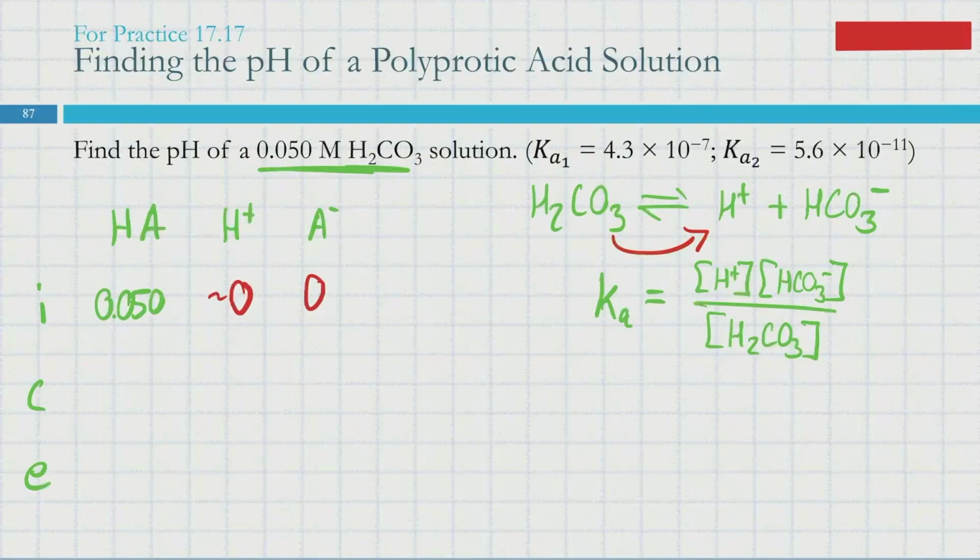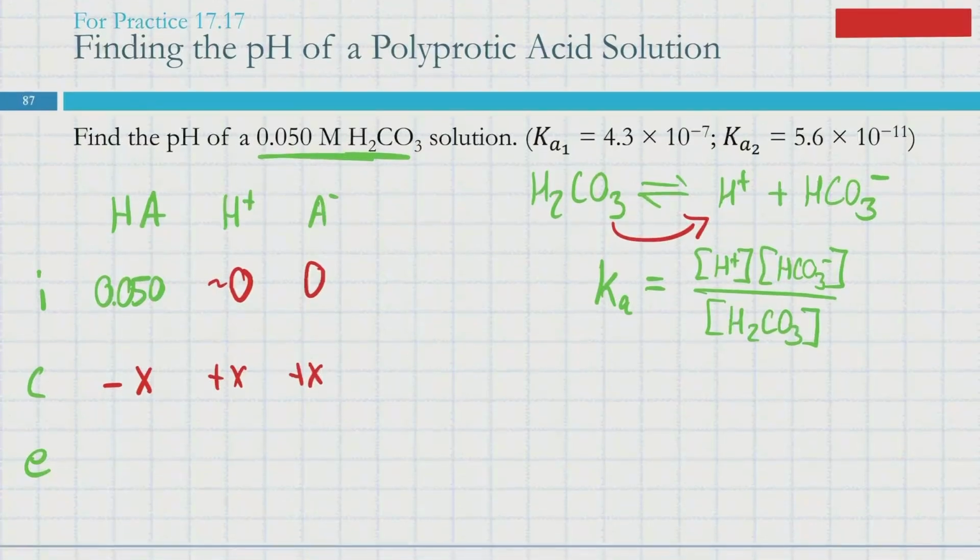It can only move towards the product side, and that's why our change is going to be minus X for our weak acid and plus X for our H plus and our A minus. So it looks very similar to what we've been doing from last class. There's our equilibrium values, and we can plug in for our Ka1.